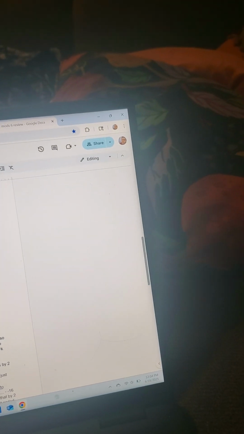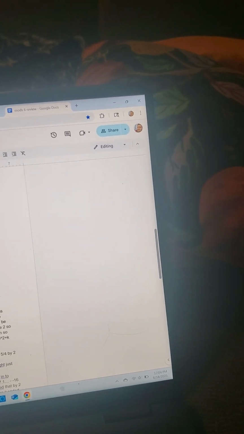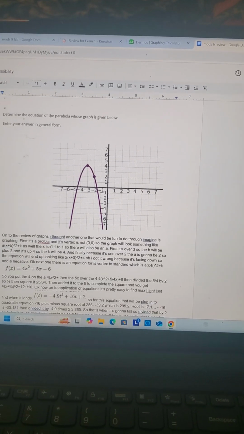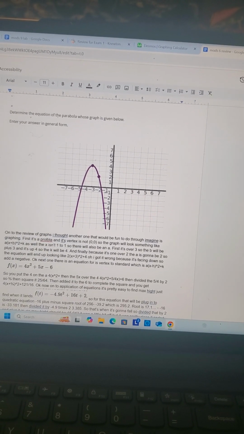You go up 4, and then 3 over, and then it's 2 because it's going down 1 over 2, as you can see, and then it's negative. So the equation I got was negative 2 times x plus 3 plus 4.